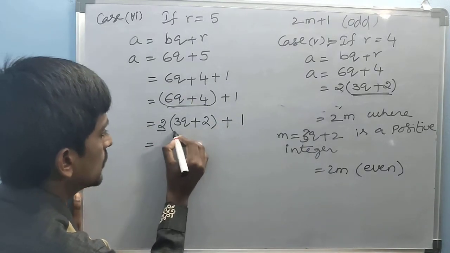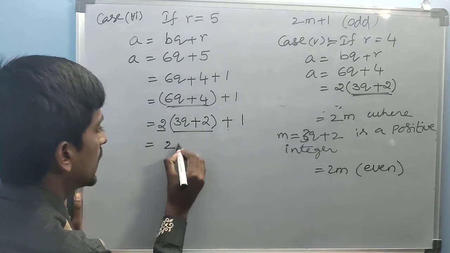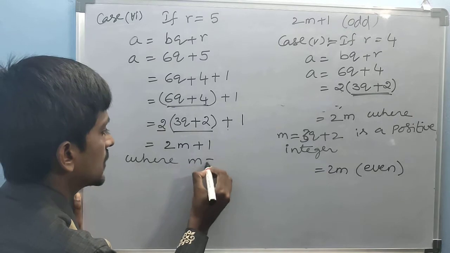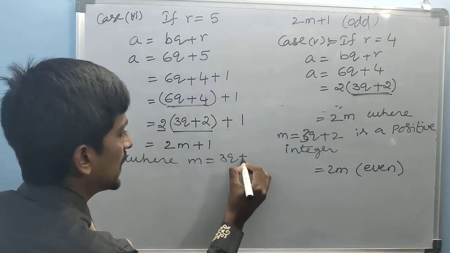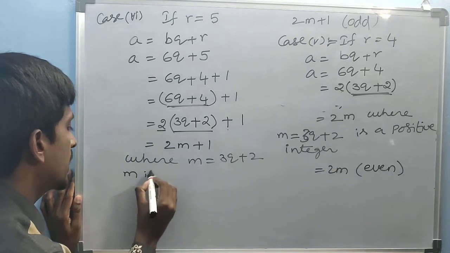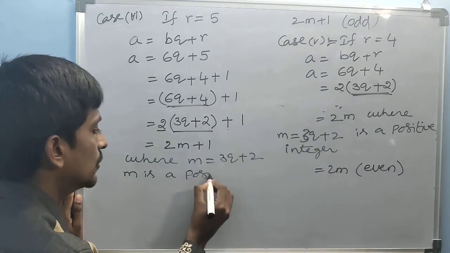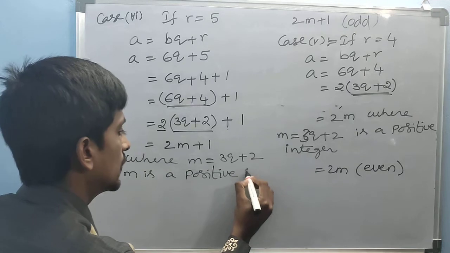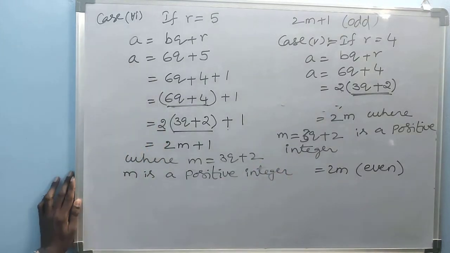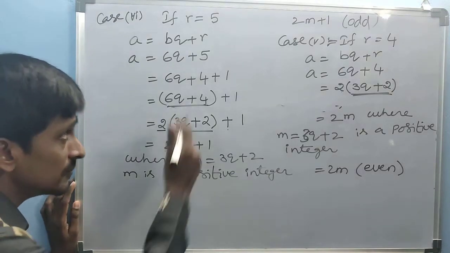So 2 into something plus 1 is 2m plus 1, where m equals 3q plus 2. So m is a positive integer.